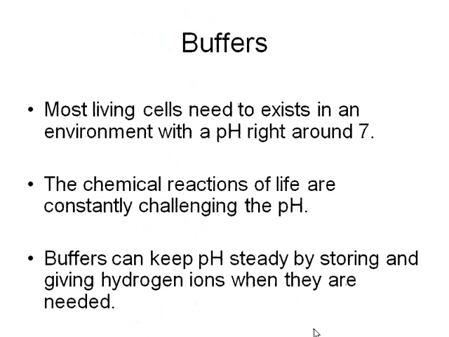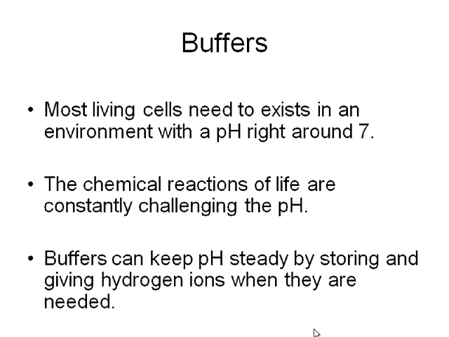So, how does my body keep my pH at 7 if all I do all day is drink coffee and soda? I'm just dumping acid into my system all day long. How am I staying at 7? Buffers are the way that you stay at 7. All living cells usually have buffers because they need to exist right around neutral.